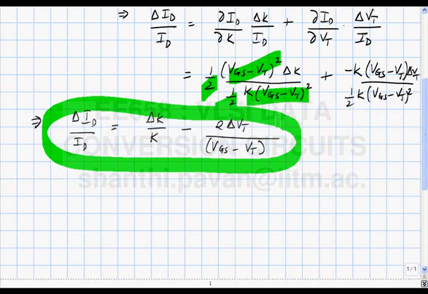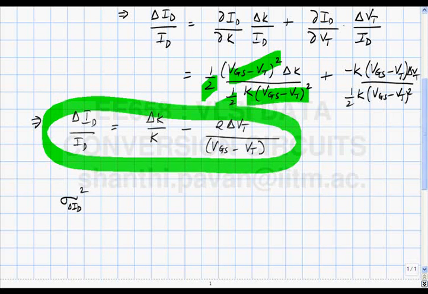In practice, of course, delta K and delta Vt are not constant, but they are random variables, and as usual we assume that delta K and delta Vt are both Gaussian distributed with mean 0 and some standard deviation, in which case delta ID is also a statistical quantity.